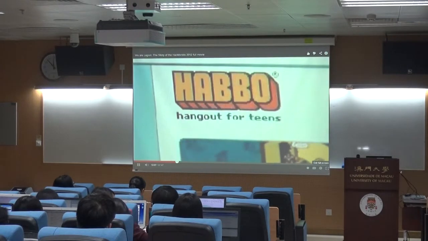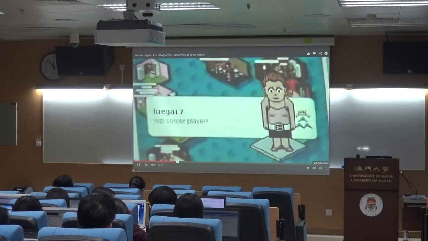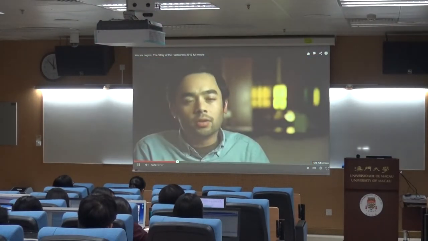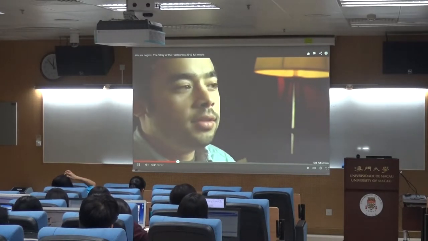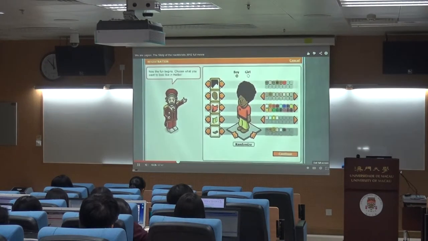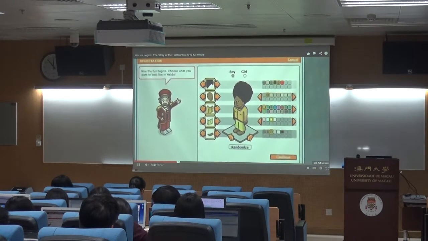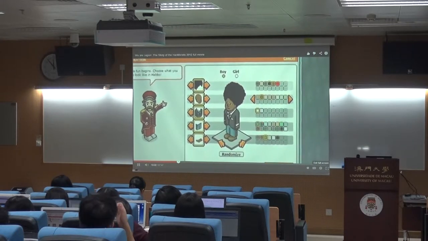Habbo Hotel was this online community where you had an avatar and you walked around and talked to other people. It was kind of like an early version of World of Warcraft or Second Life or any of those virtual worlds. What the people on /b/ did was invade Habbo Hotel, creating thousands of avatars. They all had this one uniform of a black guy with a big afro, wearing a black suit.